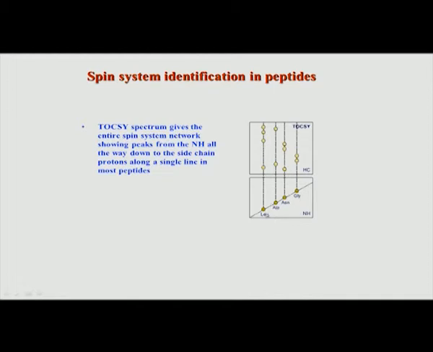This is a portion of the TOCSY spectrum, not the full spectrum. You can see from NH, alpha, beta, gamma, delta and so on for each amino acid, and this is what we will be using for sequential assignments.